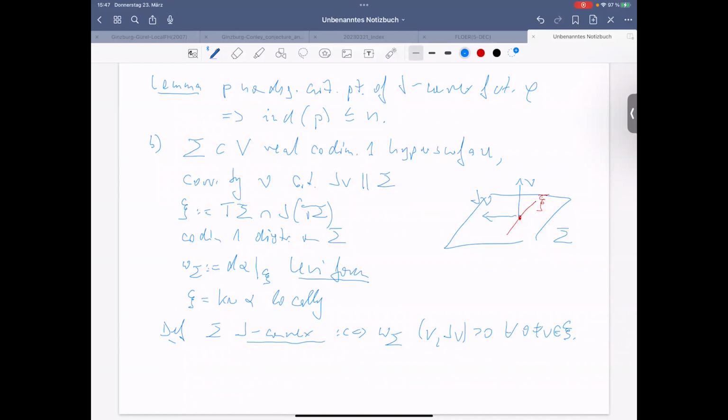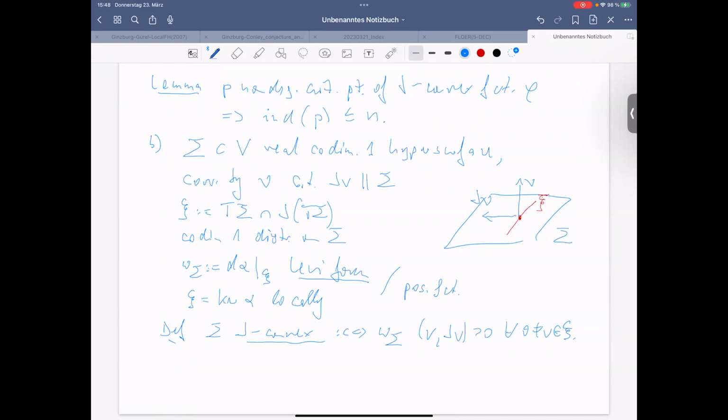Let me maybe emphasize that in this generality, this Levi form is only defined up to multiplication by a positive function, because I wrote this distribution Xi locally as kernel of a one form, but of course I can multiply this one form by a positive function that still has the same kernel. Yes, so this is defined modulo multiplication by a positive function. So when we talk about properties of this Levi form, you see this positivity is independent of rescaling by a positive function. So being positive is a well-defined notion. Yeah, and that's what we mean when we say it's J convex.